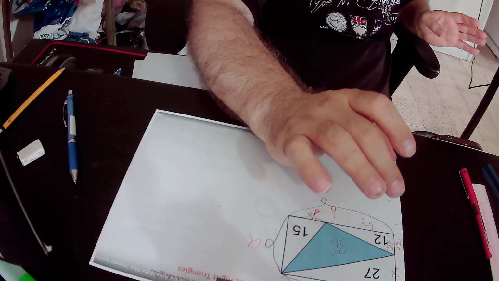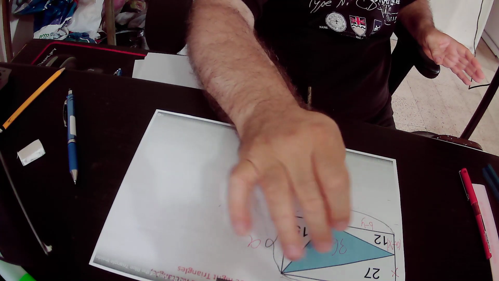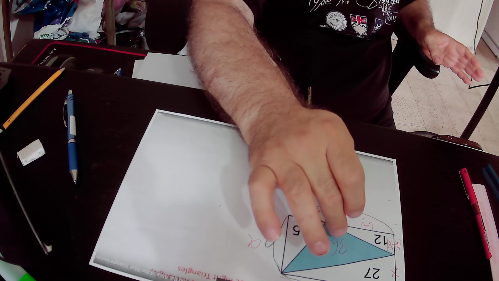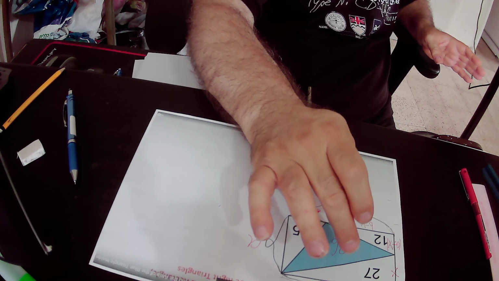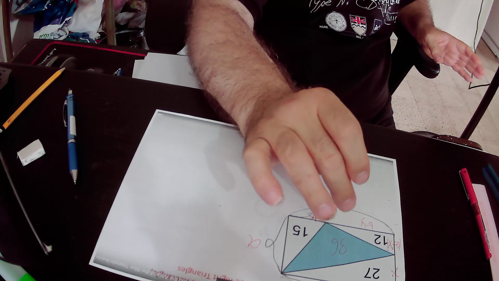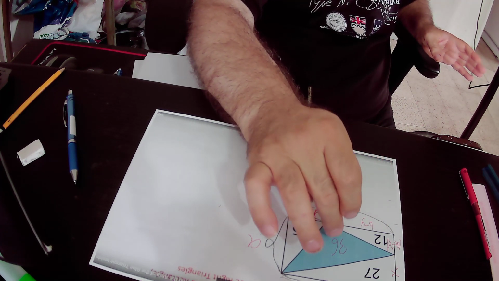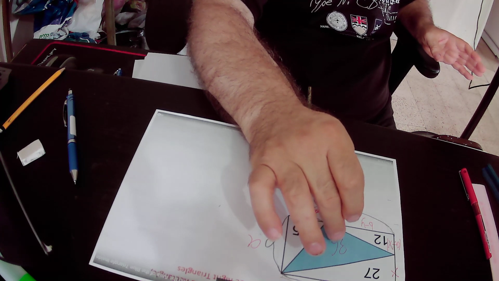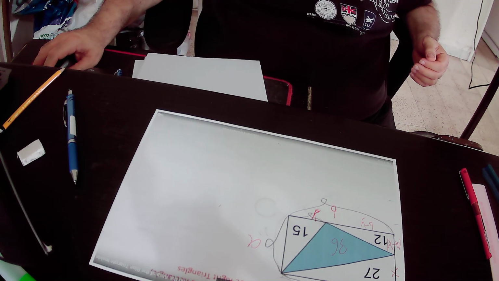That is to say, 90 units minus 54 units equals 36 units. That is the area of the blue triangle. Okay, thank you very much.